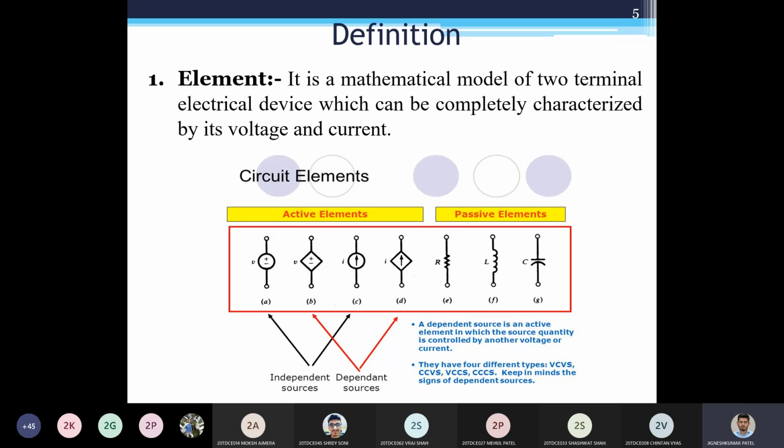Anything that either generates voltage or current, or draws or consumes voltage or current, is known as an element. If it's generating voltage or current, it is known as an active element, which does not require any external energy to work.